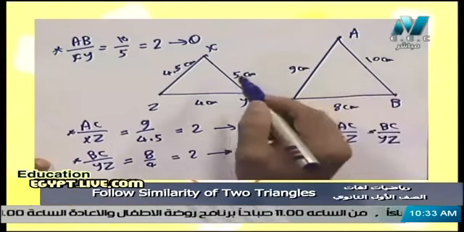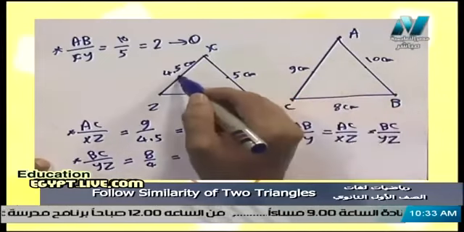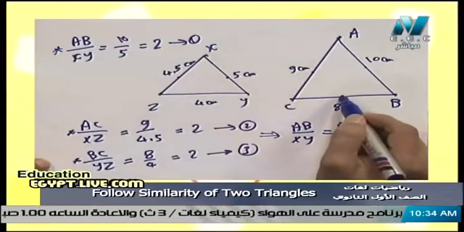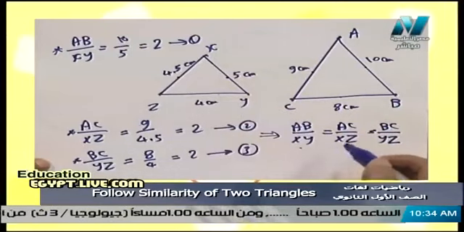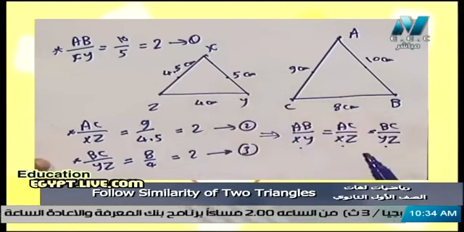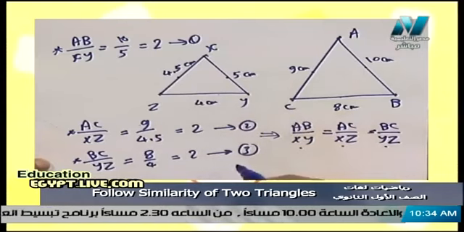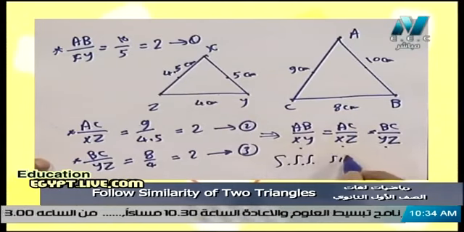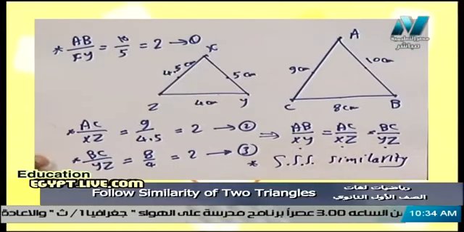This side over this side makes a ratio equal to this side over this side, which equals the other ratio, and BC over YZ is the third ratio, and these three ratios are equal, so the corresponding sides here are proportional. So we can say that the two triangles here are similar because of SSS similarity, which is the second case of similarity.